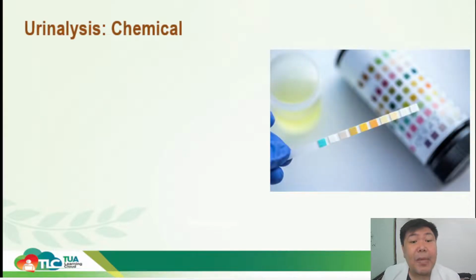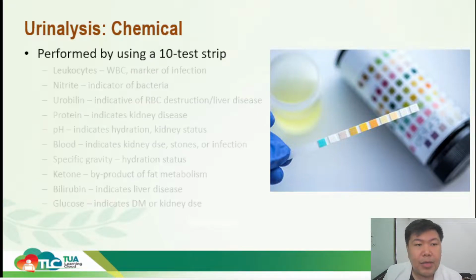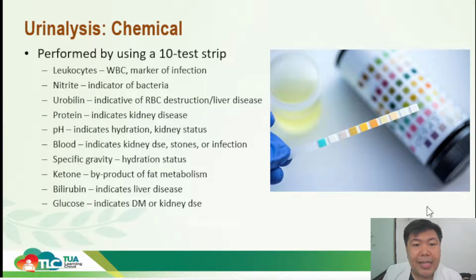Next, we have the chemical test. For that, we use a dipstick. It is a strip with multiple panels, as you can see. And each of those panels has chemicals which will react with the chemicals found in the urine. So we put it there and then compare it to a standard, which is usually found on the bottle.